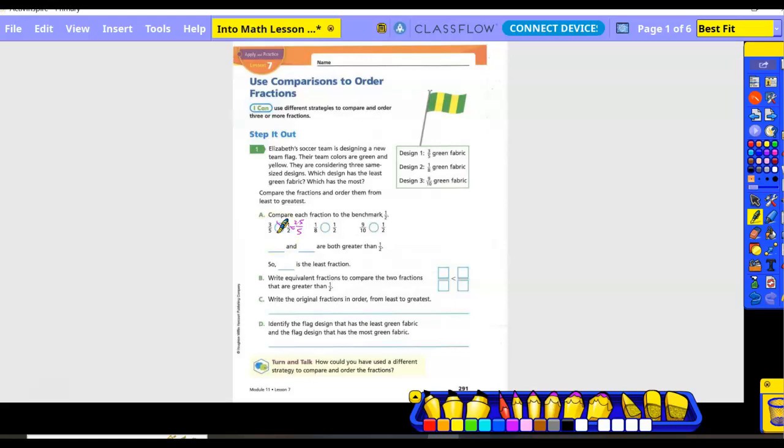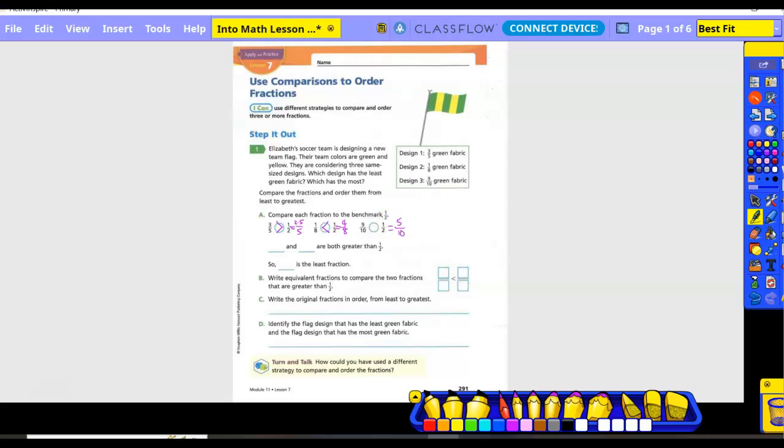Okay, what is half of 8? 4. So half would be 4/8. So 1/8 is less than 1/2. And then what is half of 10? 5. So 5/10.